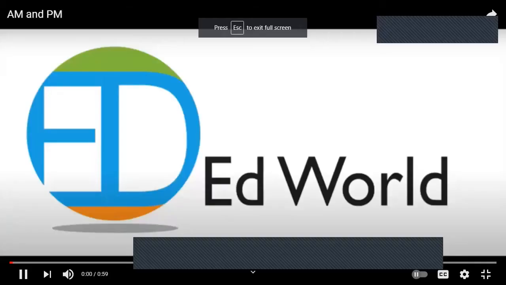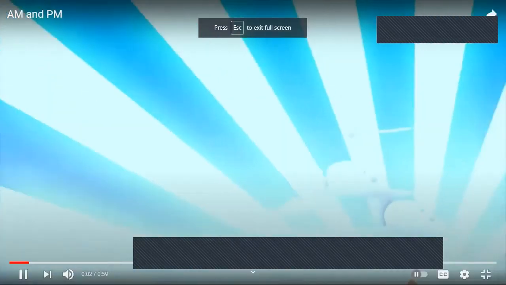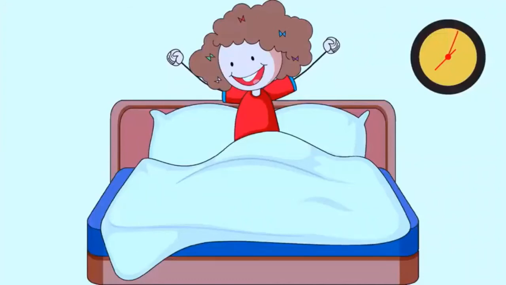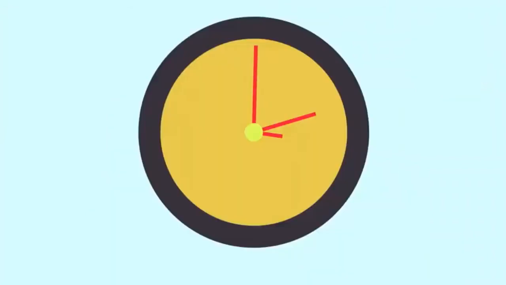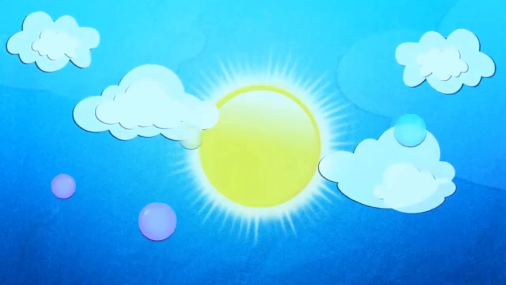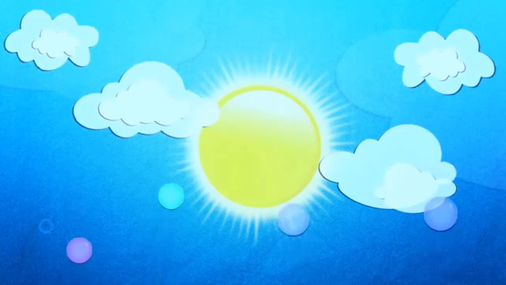Okay. Our topic is AM and PM. This is the sunrise time, daytime, light time, and it's an AM. 7 a.m. in the morning. This is 2 p.m. The sun is out, shining bright. It's also a daytime.